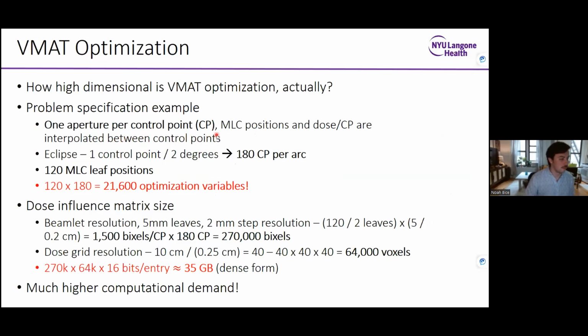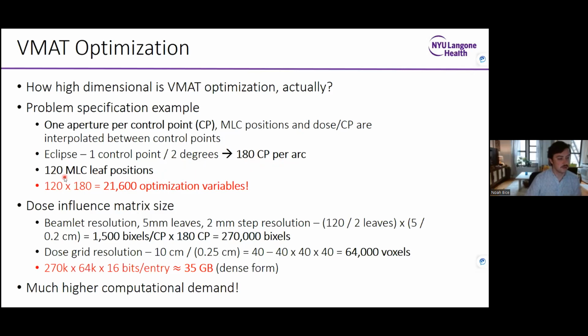We're not trying to optimize the fluence at every gantry angle, but just optimizing 2D apertures at every angle and giving them a single intensity. We're going to consider 180 control points in the arc, which for a full arc would be one control point every 2 degrees, and 120 MLC leaf positions.